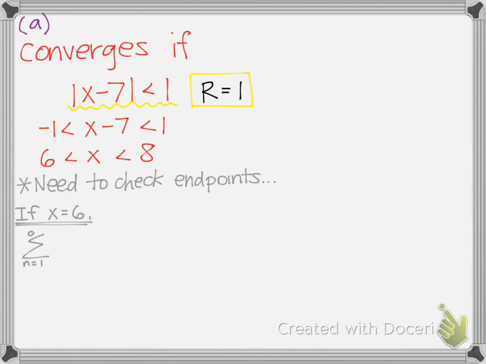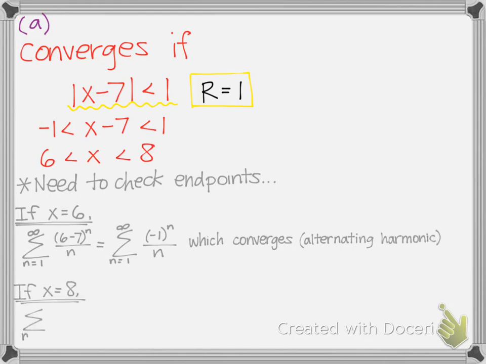So if x equals 6, then I would be left with this series, which simplifies like this, and I know that that converges because it is an alternating harmonic series.